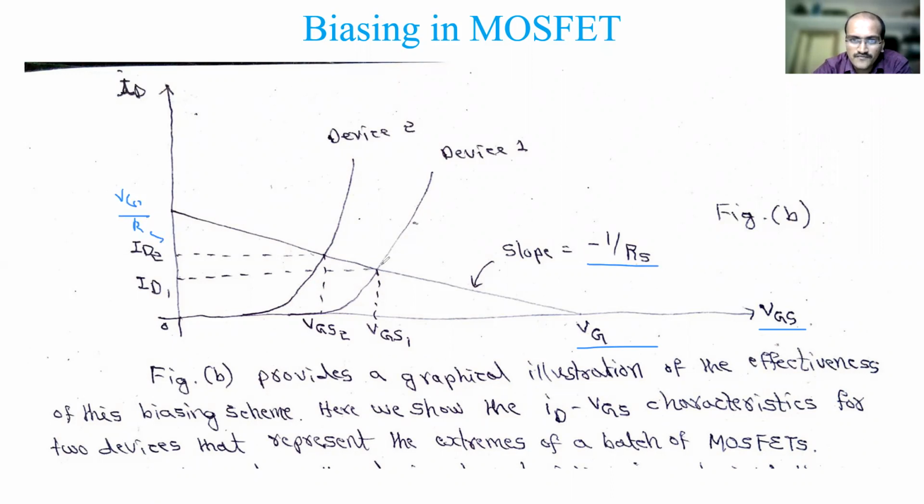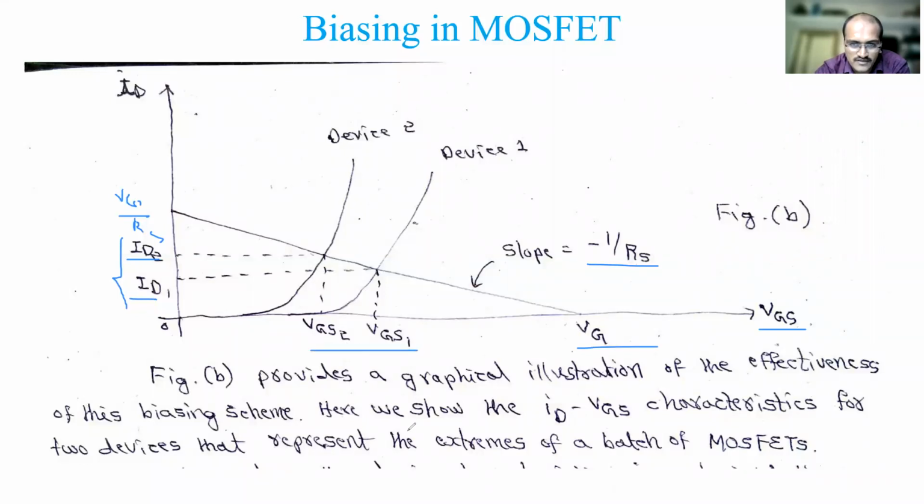When this line intersects the two characteristics, and you project onto the y-axis, ID1 and ID2, the spread you see here is very small compared to the previous one. This happens because of the negative feedback of RS. We have connected RS and have not fixed the VGS value.